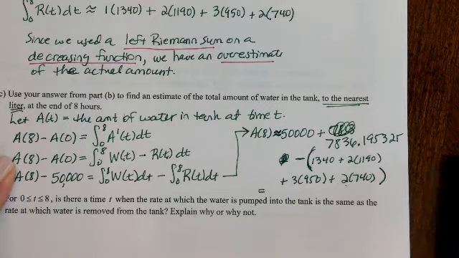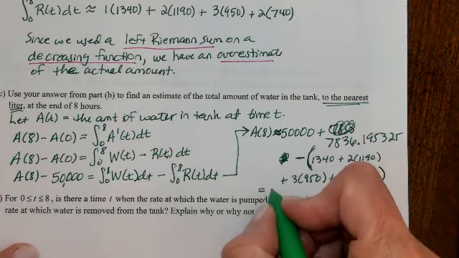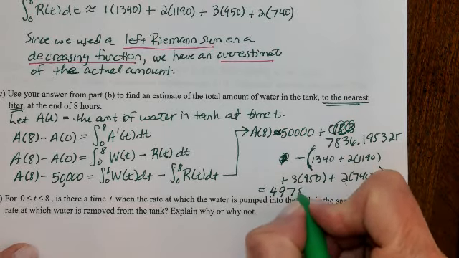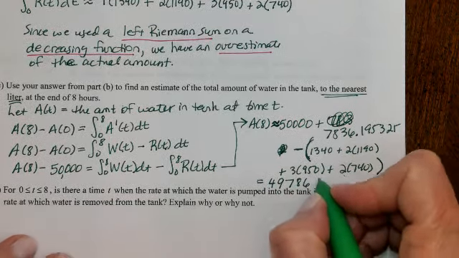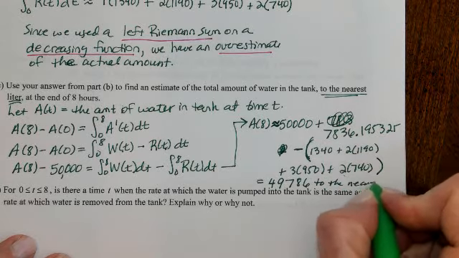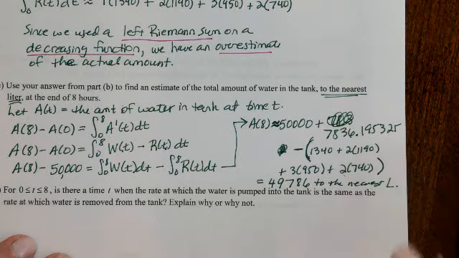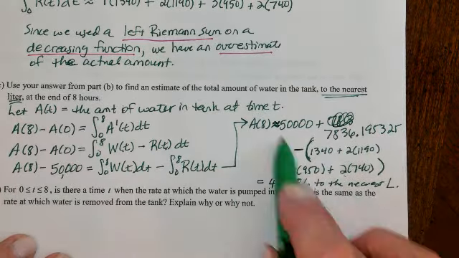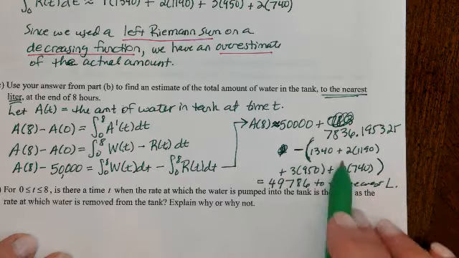I'm not going to take time to type all that in, but when I do add all that up to the nearest liter, I get that. So it's this to the nearest liter. All right. I should have read that first, and that way I would not have written that, but that's okay.